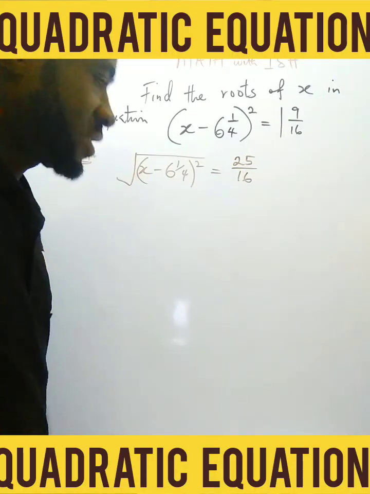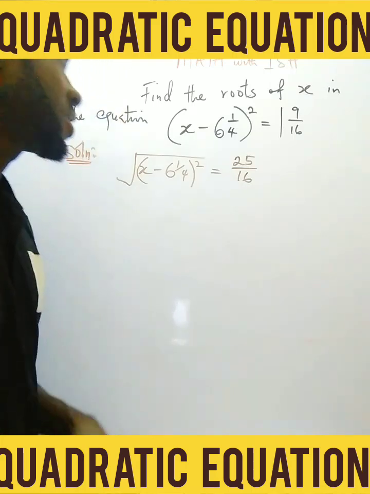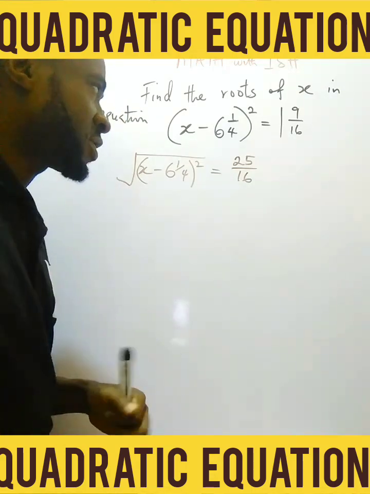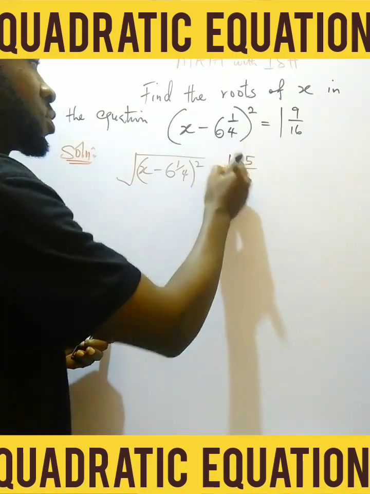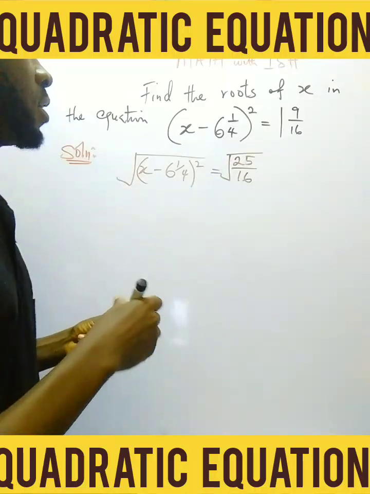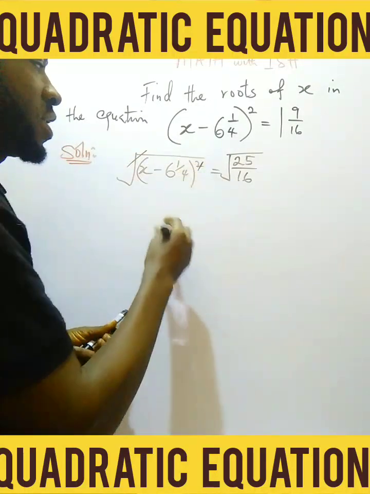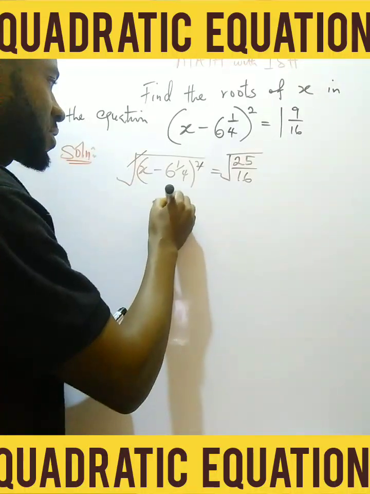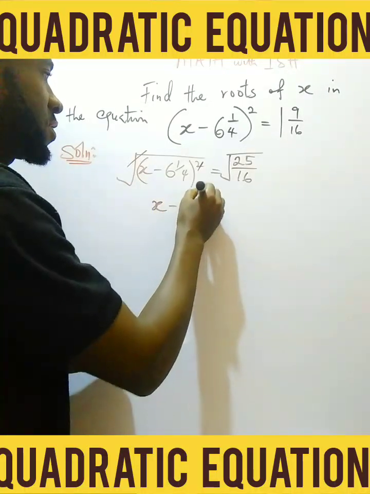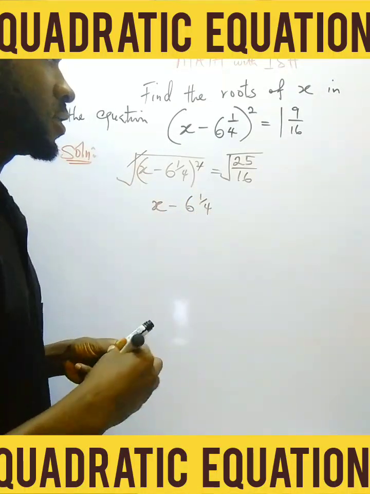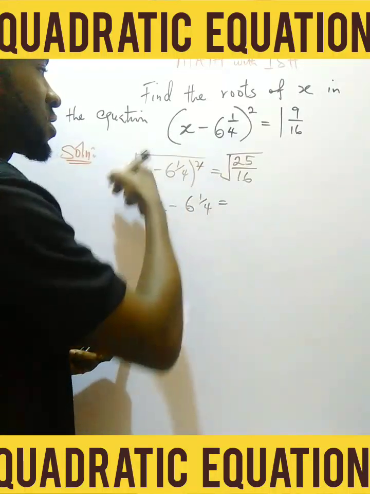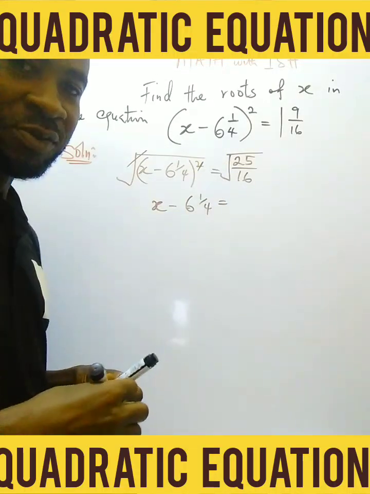Okay, so next is this. Remember, we are taking the square root of both sides, so I'm also putting the square root sign here. Now, this square root sign, we get rid of this square so that I'm left with x minus 6 1 over 4. Okay, so this square root sign and the square cancels out.